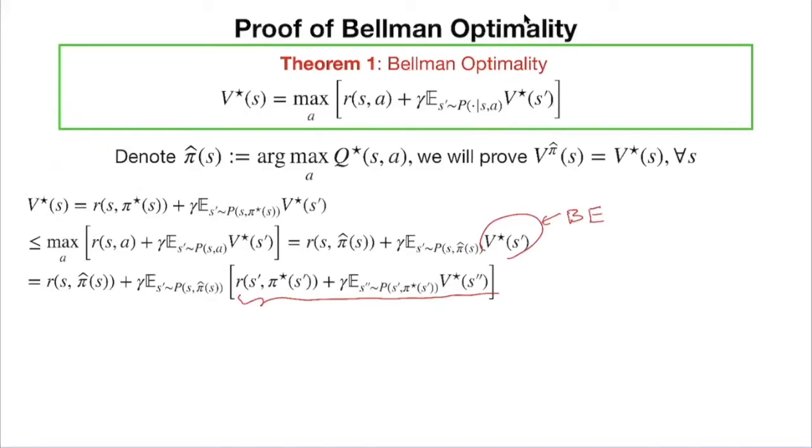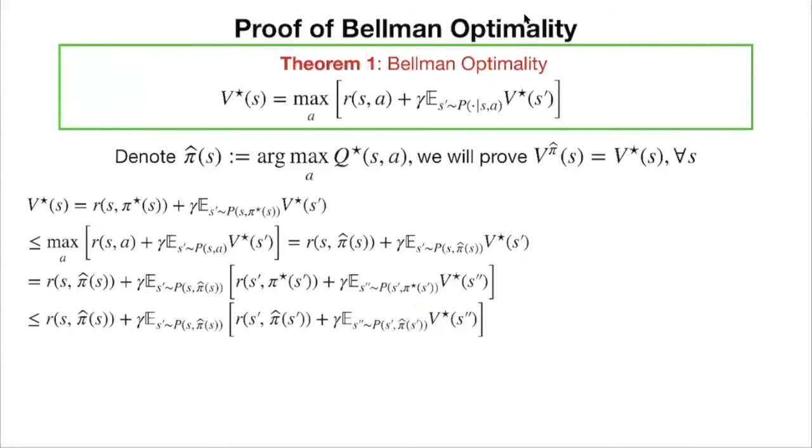Now I'm trying to replace this pi star s prime, again using a max operator over action A, and then I replace the max operation over A by this pi hat s prime. So what I did here is essentially the same step that we did before: I'm replacing pi star s prime by this action, by going through the max trick again.